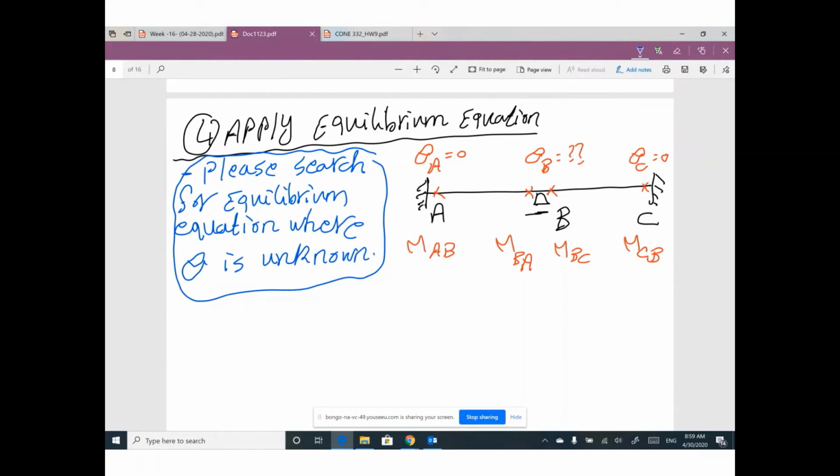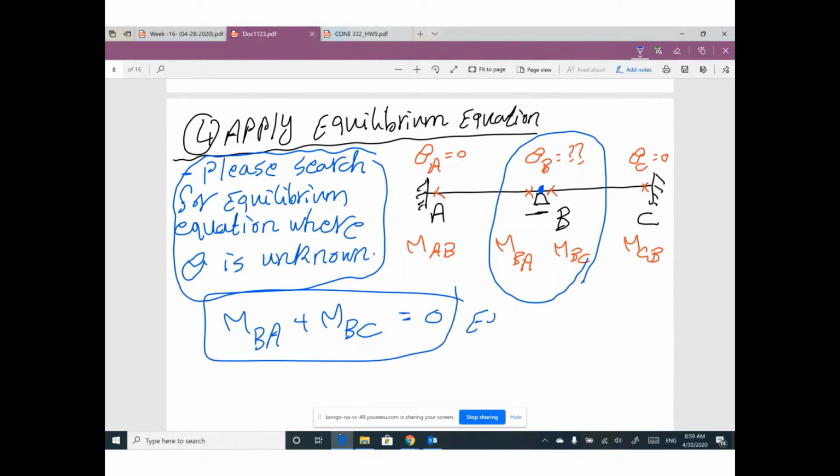At A? No. At C? No. At B? Yes. So your equilibrium equation will be here. Summation of any moment at this point equals 0. That means MBA plus MBC equals 0. Here is the equilibrium equation. Any moment at any support equals 0 if your theta at this support is unknown.